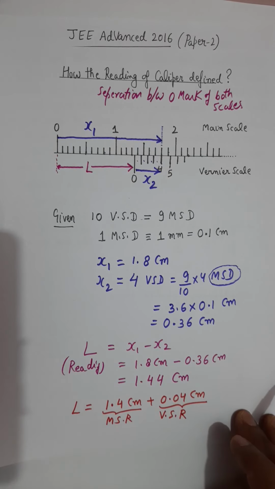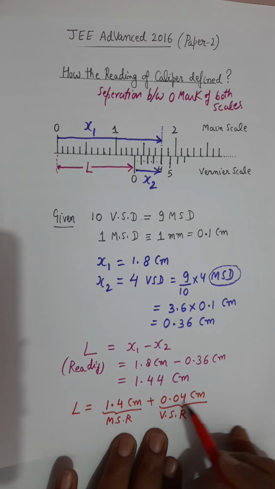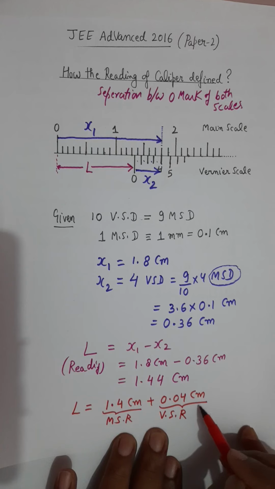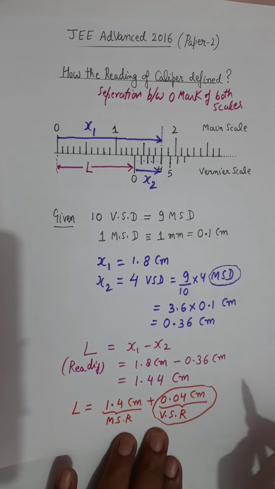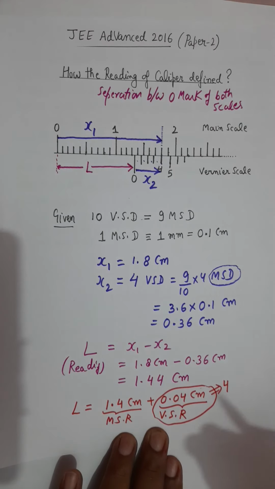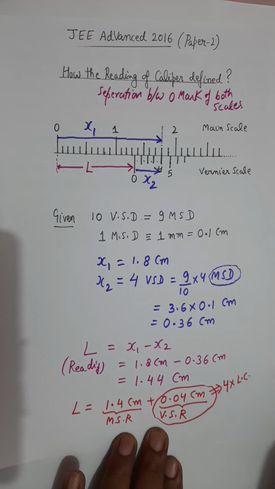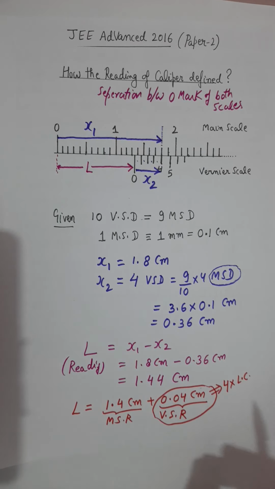They define this 0.04 as the fourth division of the Vernier scale which is coinciding with the main scale, times the least count. And they define least count in some other way.